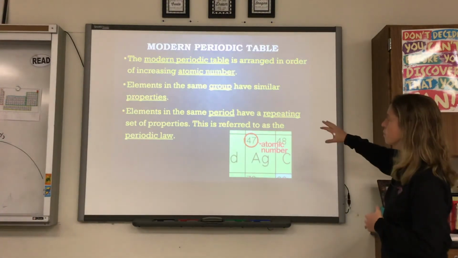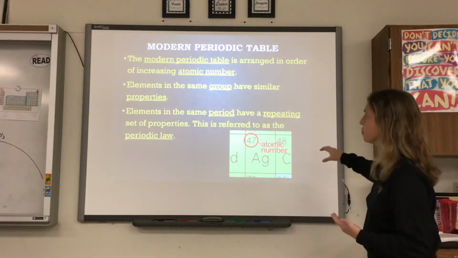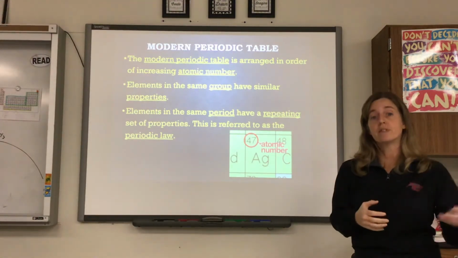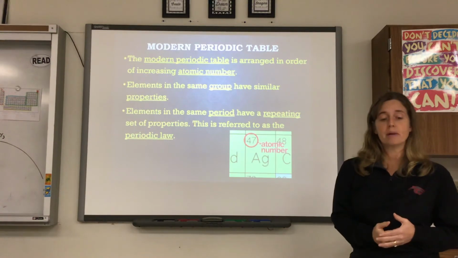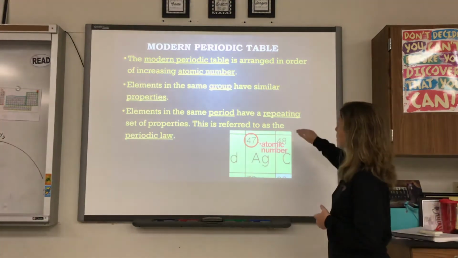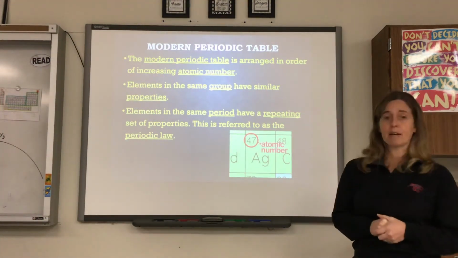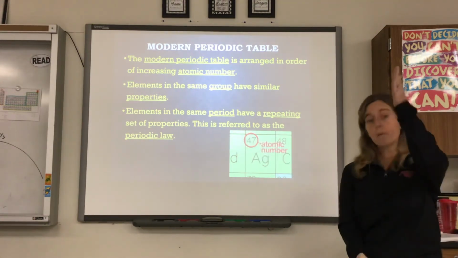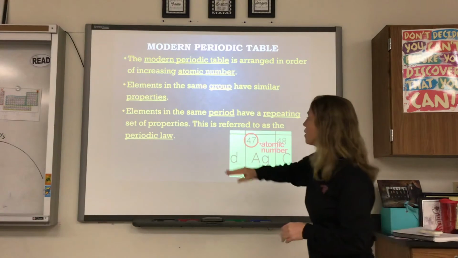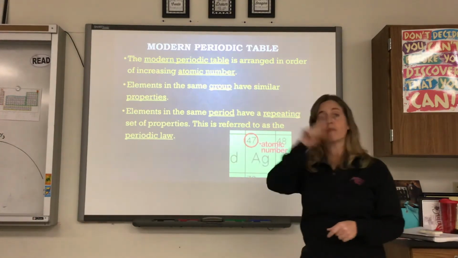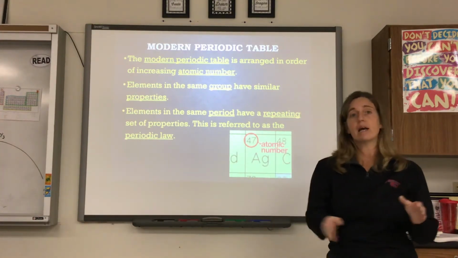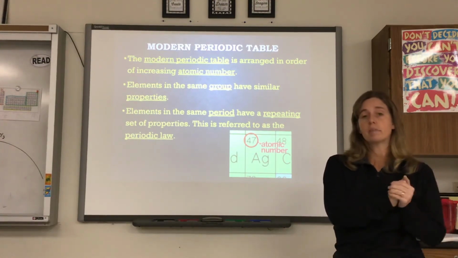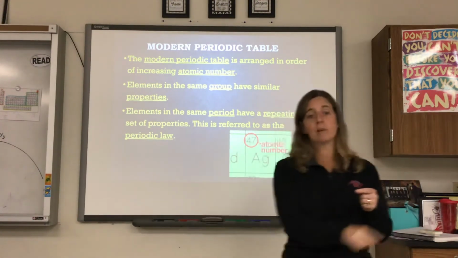So now in saying that, we can assume that elements in the same group have similar physical and chemical properties, okay? Elements in the same period have a repeating set of properties, okay? A period is a row, a group is a column. So when we go across a row, you have a repeating pattern, meaning when I start on the left, all those elements in the left column are going to be the same each time I start a new row.